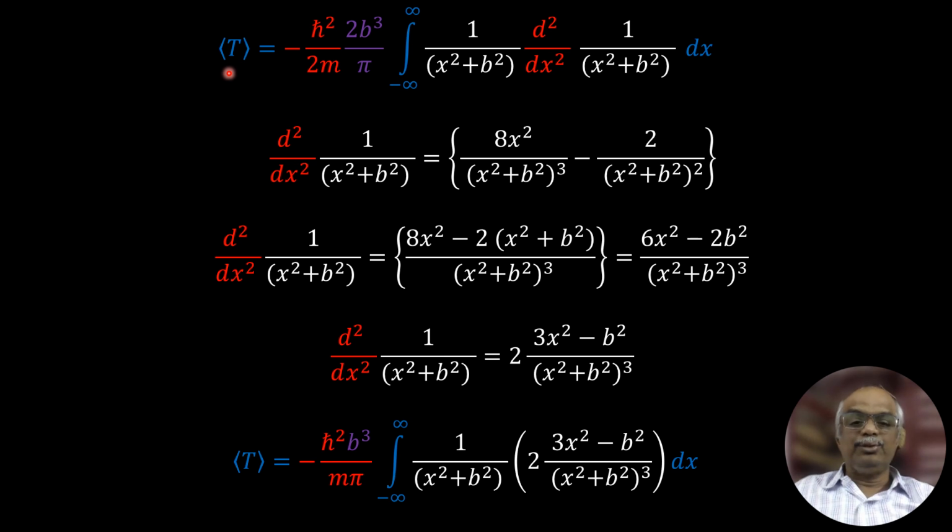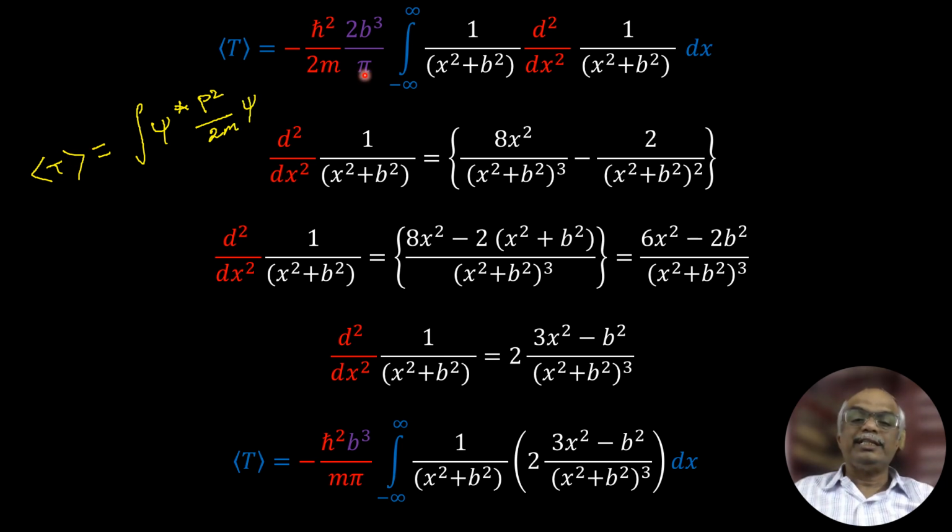In order to find the total energy, we have to find the expectation value of the kinetic energy and the expectation value of the potential energy. By definition, the expectation value of the kinetic energy is equal to the integral of psi star, then the kinetic energy operator p squared over 2m, acting on psi.